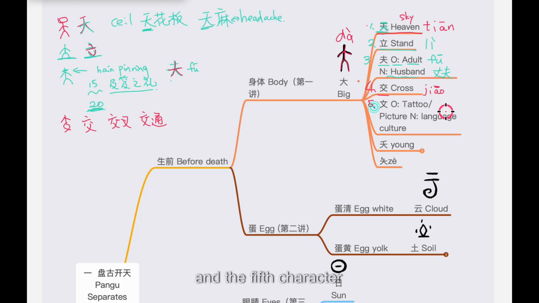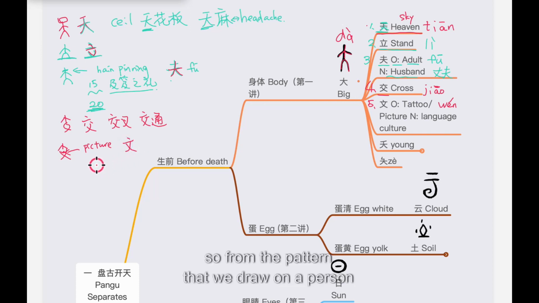And the fifth character, 文, second tone. 文. First see the drawing. Still, it's a person, but has a little mark on its body. This little picture on the body, this character is called 文.